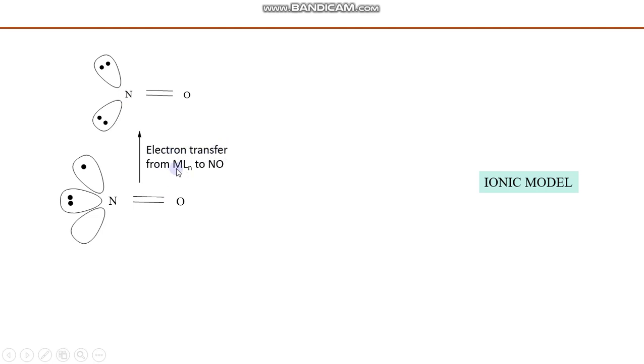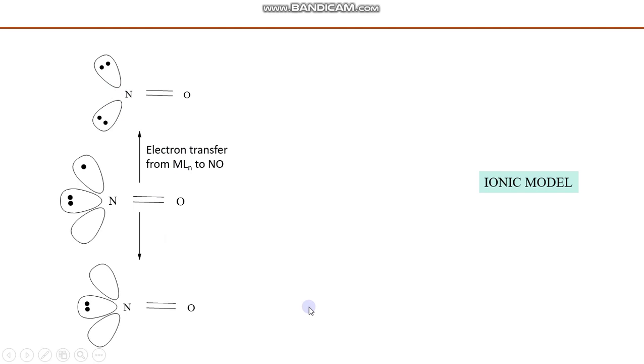in coordination chemistry can be from metal ligand fragment. This ligand can be any sort of ligand in coordination chemistry, which is capable of donating one electron to nitrosyl.